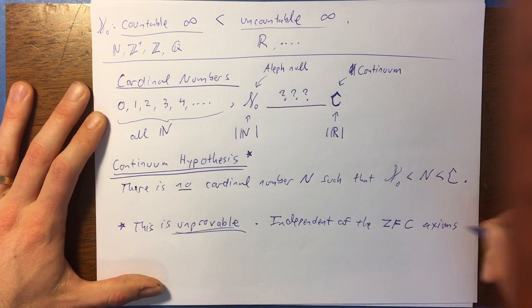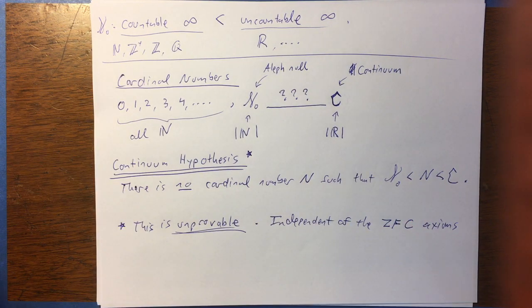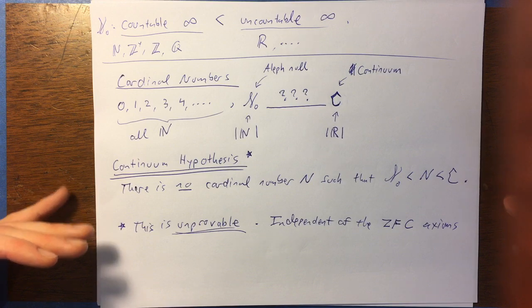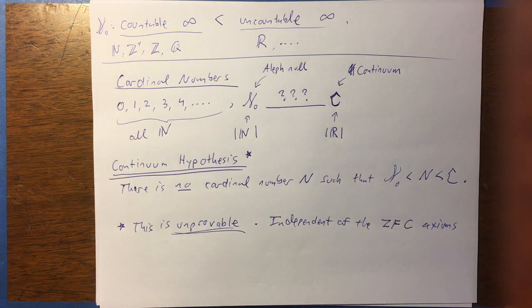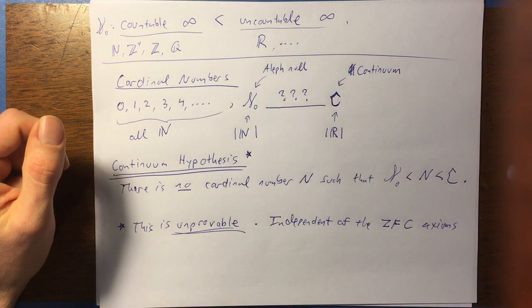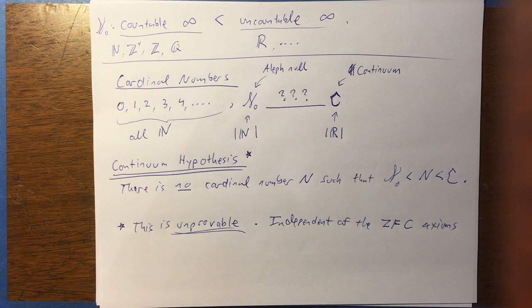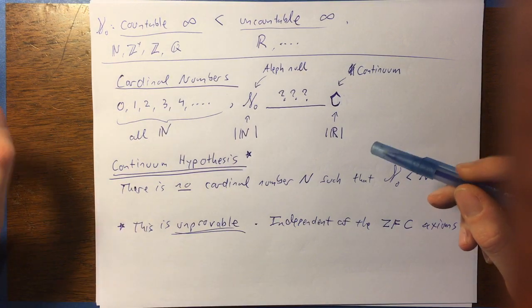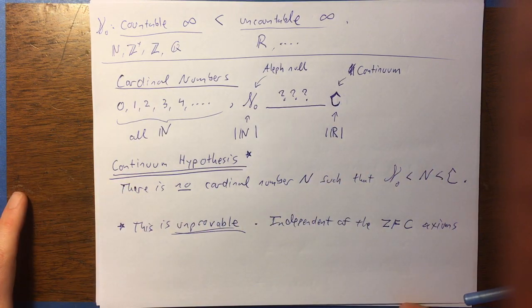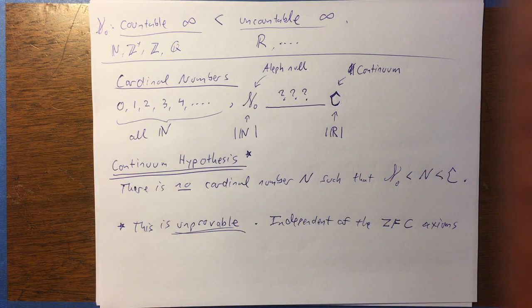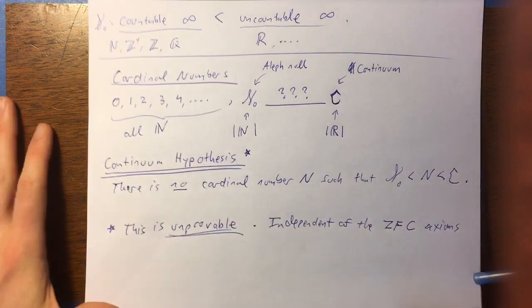That means you can assume the statement is true and not get a contradiction with the axioms. You can also assume the statement is false and still not get a contradiction with any of the axioms. What that means is that it's impossible to prove or disprove this statement within our axiomatic system of mathematics, which is sort of mind-boggling.